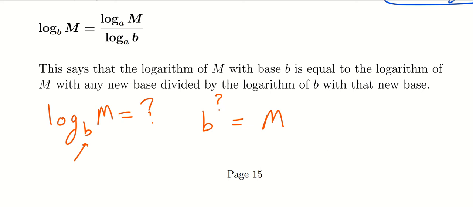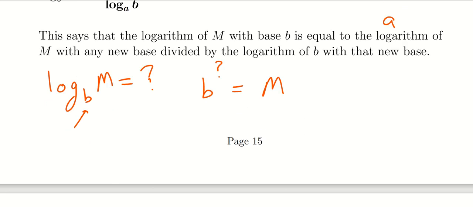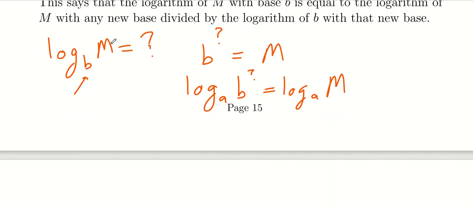The idea is that if there's a base that's more convenient, let's suppose a is a base that we prefer, we can take log base a of both sides. So I take log base a of both sides of this equation, and I get log base a of b to the unknown is equal to log base a of m. According to the power rule for logs, I can take that unknown exponent and bring it out in front as a multiplication.